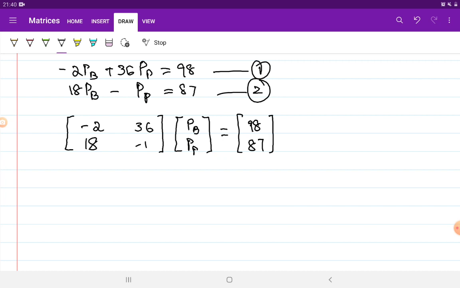Right now I am calling this A. This is my variable matrix, or I can call this the price vector.